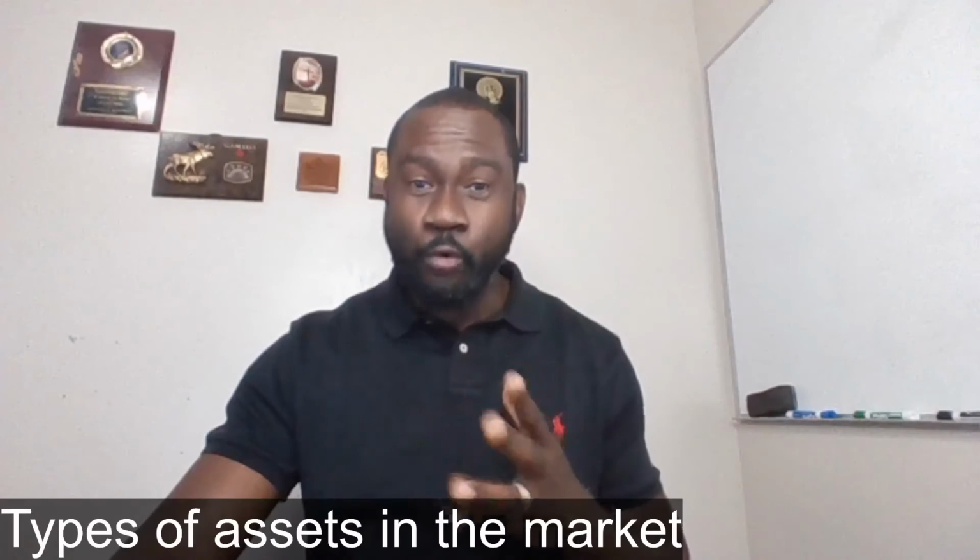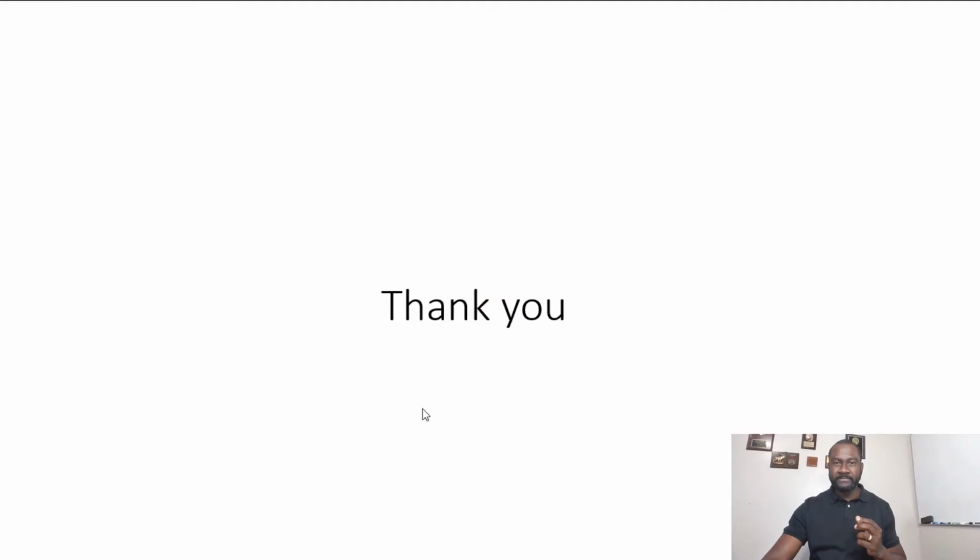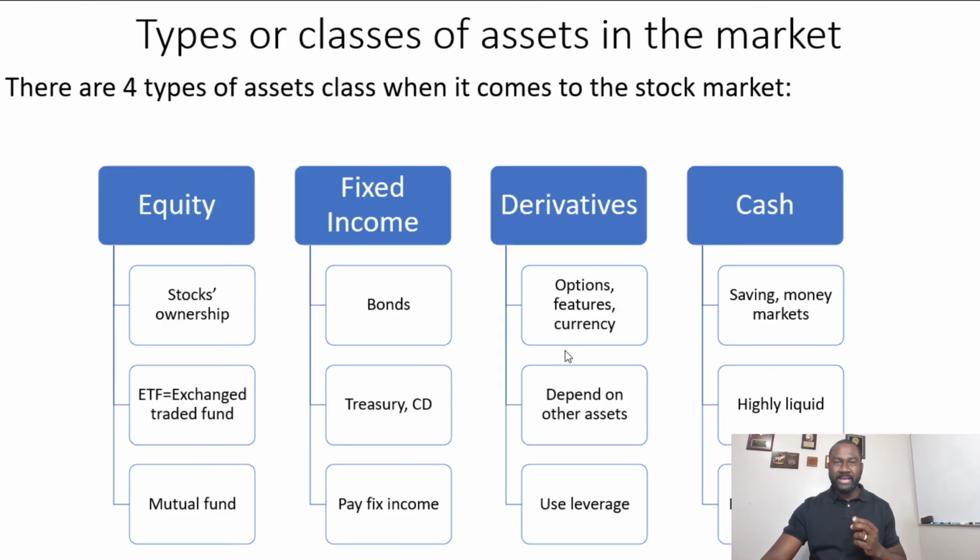So there are four types of asset: equity, fixed income, derivative, and cash.